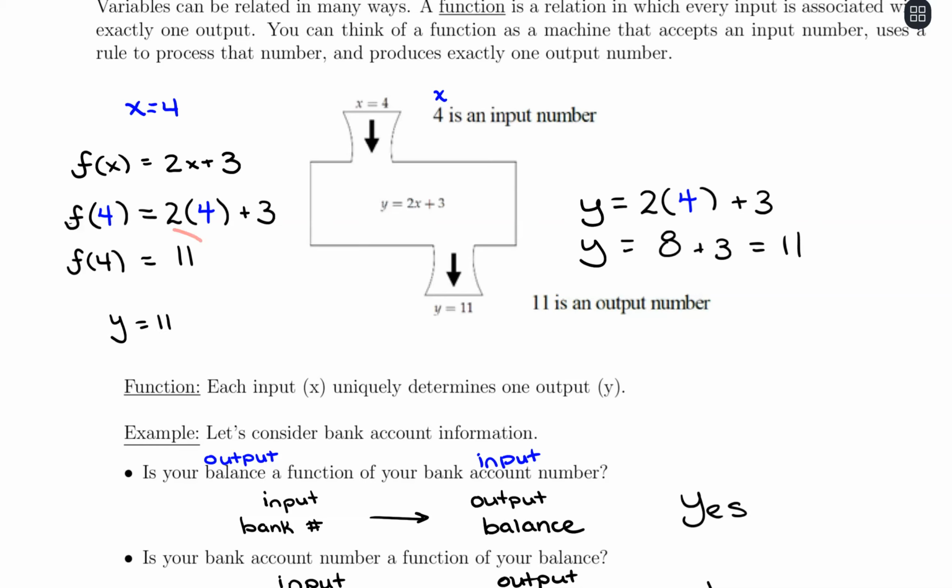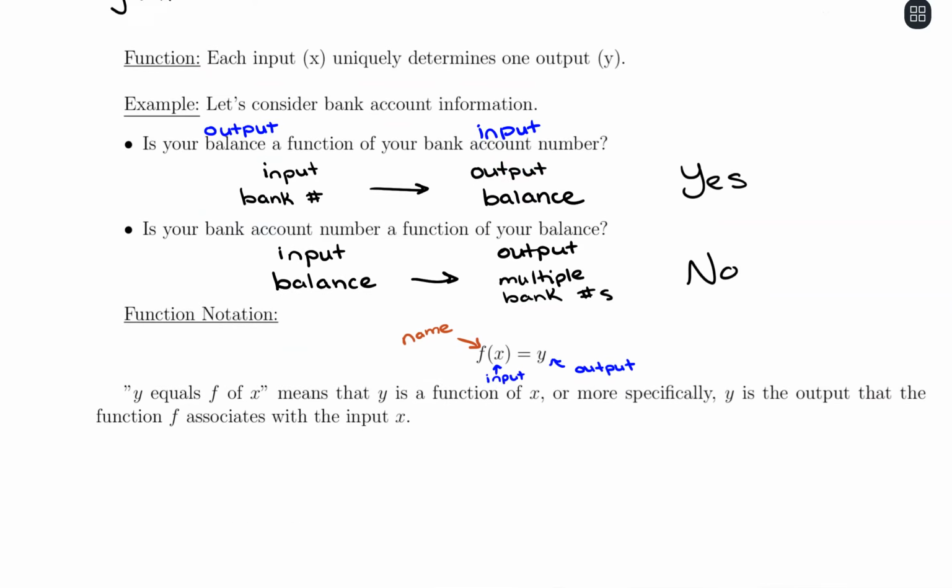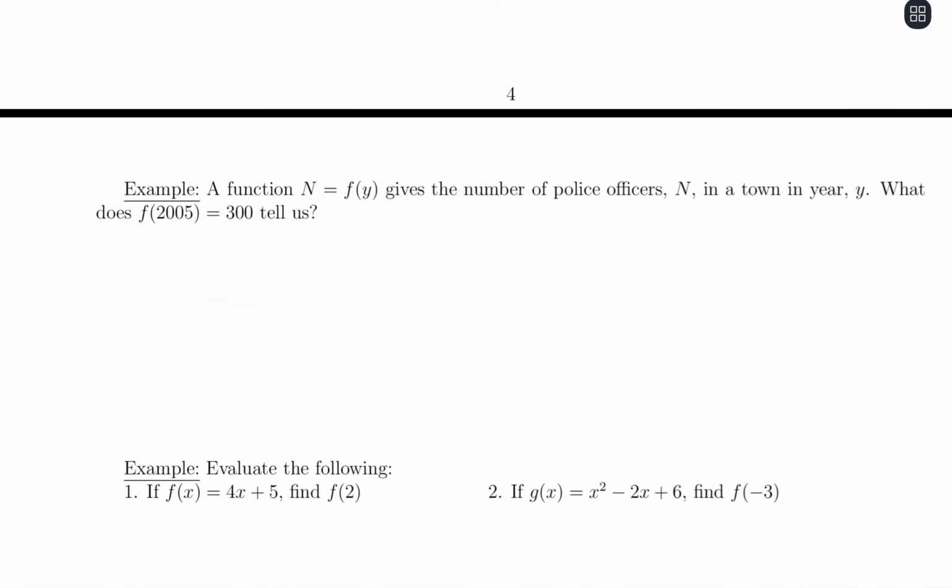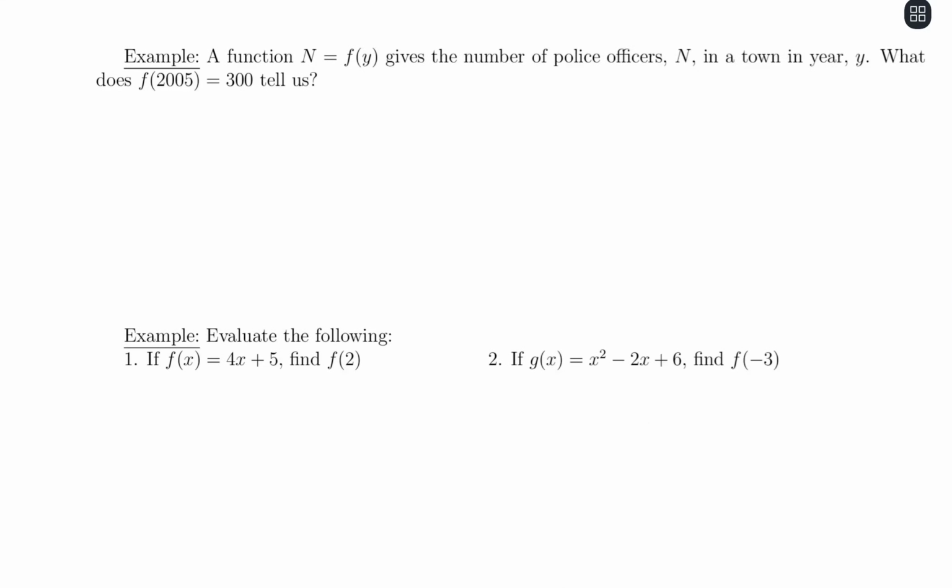But seeing this notation can be really helpful because we can see the name of the function we're using, we can see our value x, and then we just need to know that whatever's over here is associated with y. All right, so let's go to this next page here with some more examples in using this function notation.